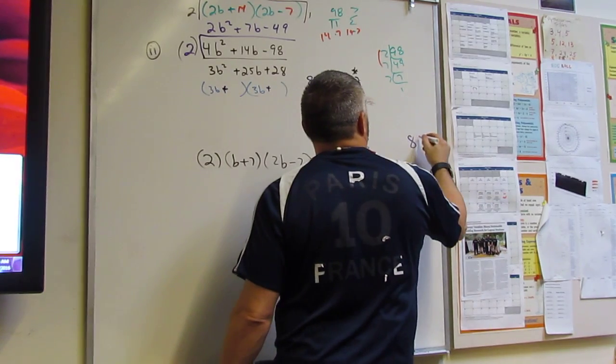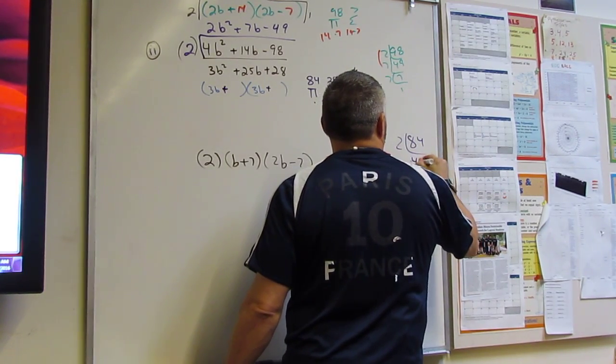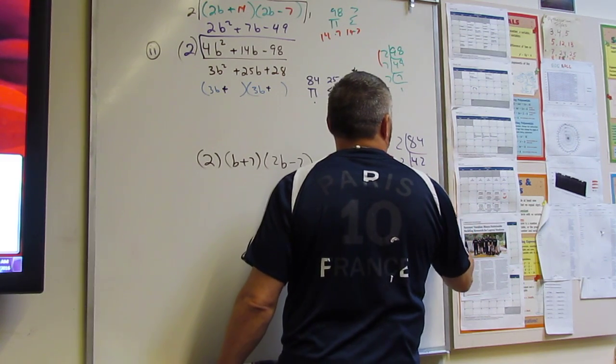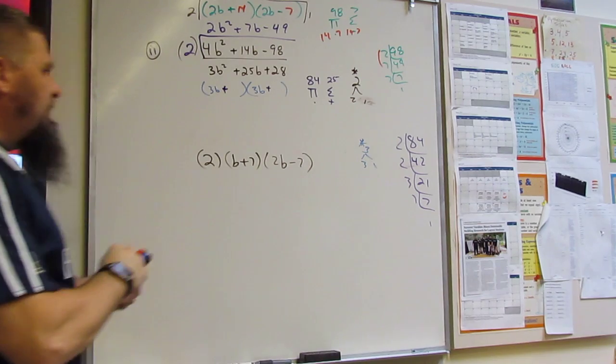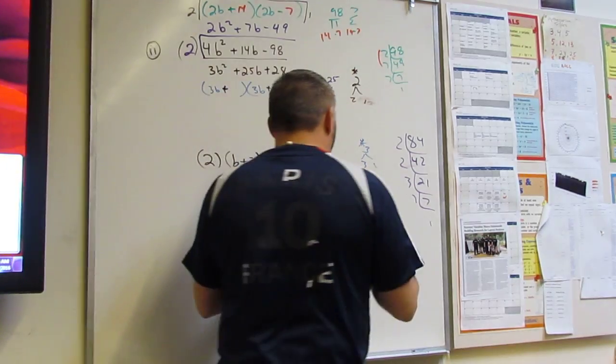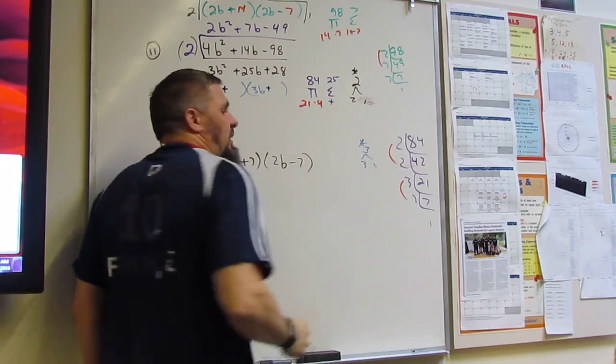So I take 84 and I break it down: 2, 42, 2, 21, 3, 7, 7, 1. What's 3 times 7? That's 21, right? What's 21 plus 4? 25. So I'll use those two, 21 and 4.